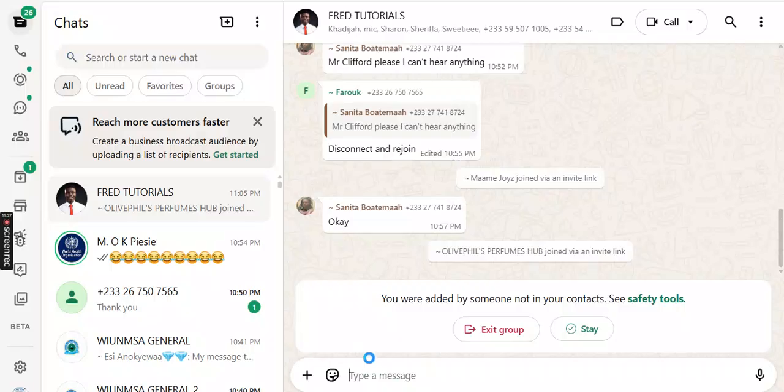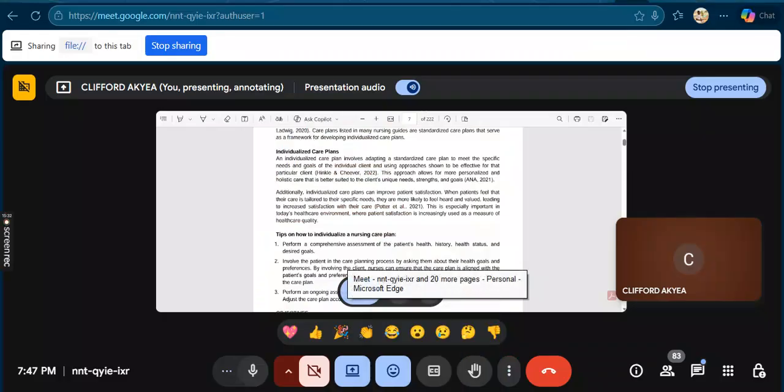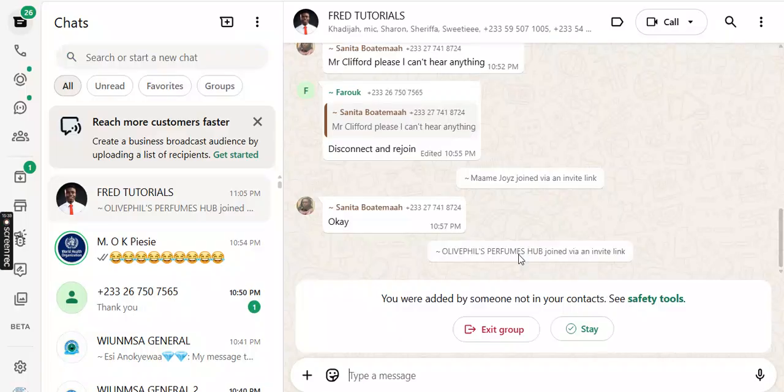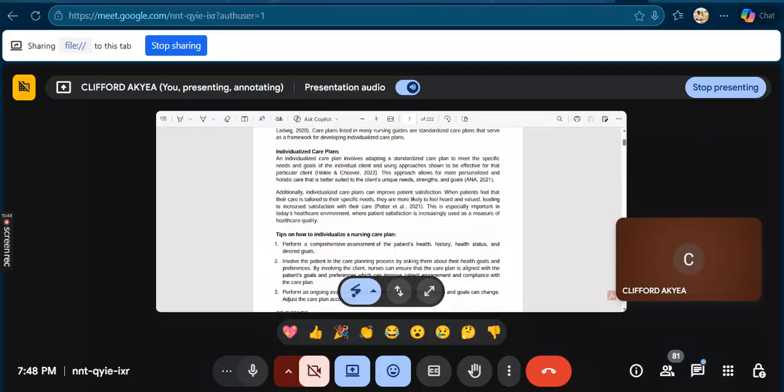An individualized care plan involves adapting a standardized care plan to meet the specific needs and goals of the individual client and using approaches shown to be effective for that particular client. That is Henkel and Tiva 2022. This approach allows for more personalized and holistic care that is better suited to the client's unique needs, strengths, and goals, ANA 2021.